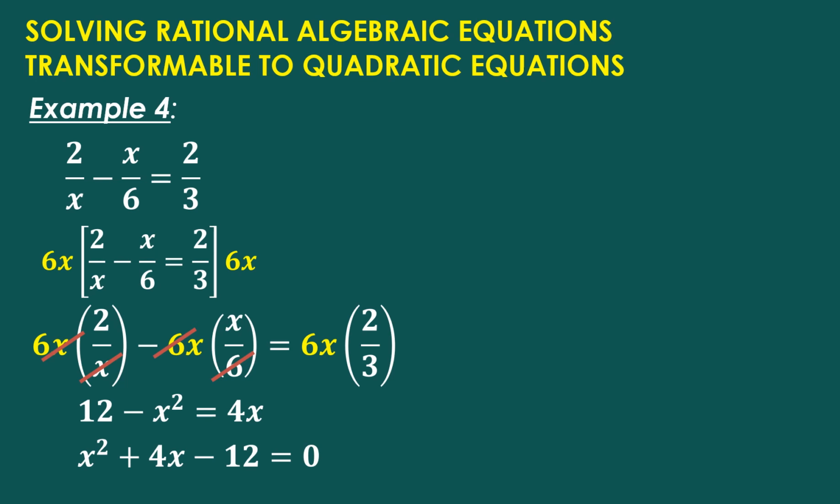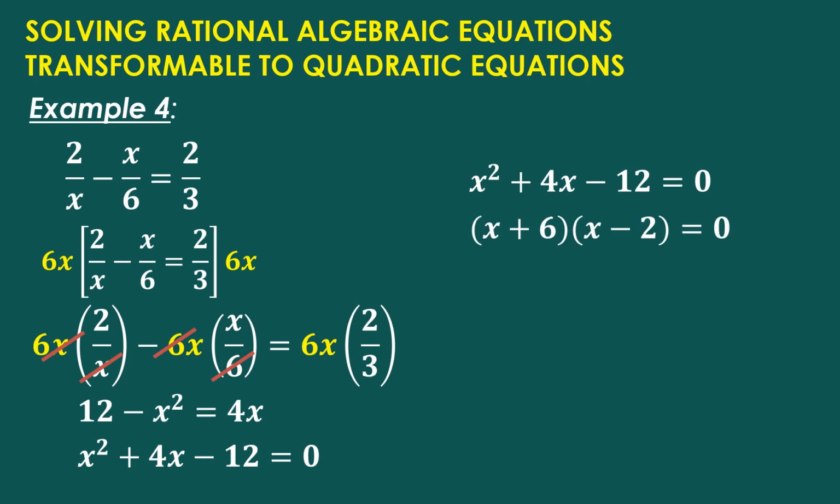The next step is to factor. So what are the factors of x squared plus 4x minus 12? The factors are x plus 6 times x minus 2. Notice that 6 times negative 2 is negative 12, and 6 plus negative 2 is 4.